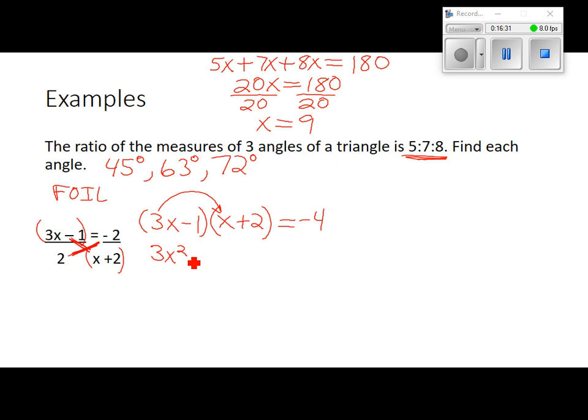First terms, outer terms, 3x times 2 gives you what? 6x. Inner terms, negative 1 times x gives you negative 1x. Last terms, negative 1 times 2 gives you what? Negative 2.